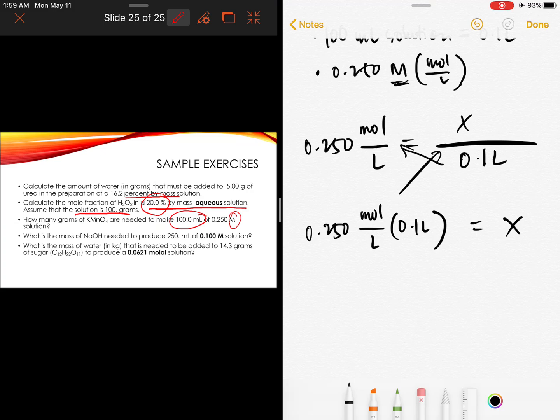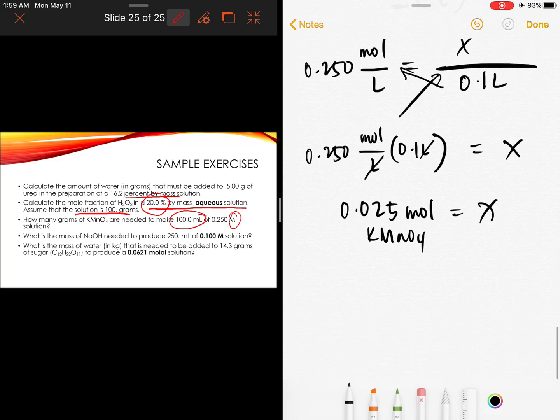So 0.250 times 0.1, it's 0.025 mole. Okay. So we got the moles of your solute, which is potassium permanganate. Now to get the grams, you simply have to convert it into grams.